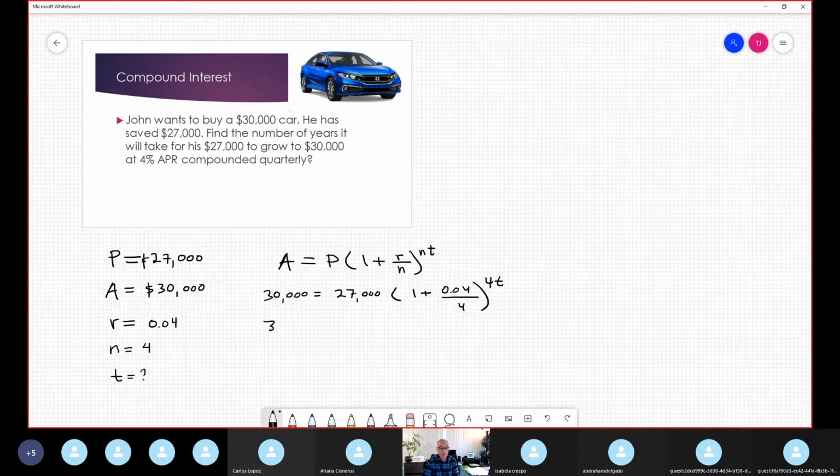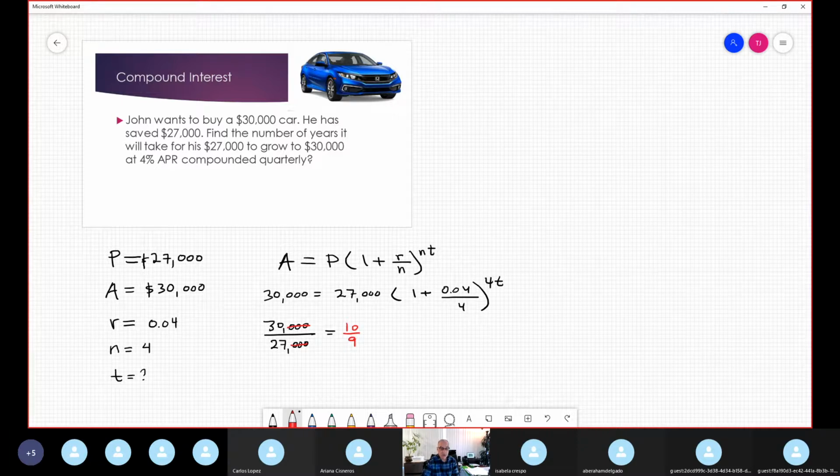You divide 30,000 by 27,000. This is super easy because at least 3 zeros cancel. And you divide by 3, it's 10 over 9. Because 30 divided by 3 is 10, 27 divided by 3 is 9.